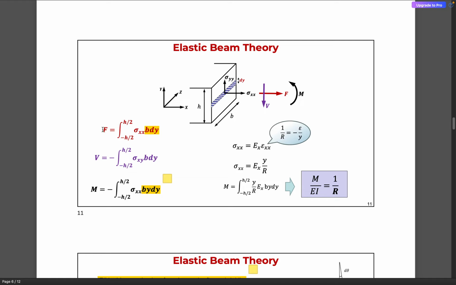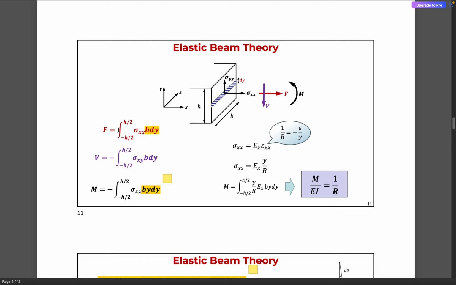Here F is given by the axial force. Axial force is nothing but sigma xx into b into dy. So dy is the small strip having a height of dy considered in this cross section, and this strip as well as the beam has a width of b.